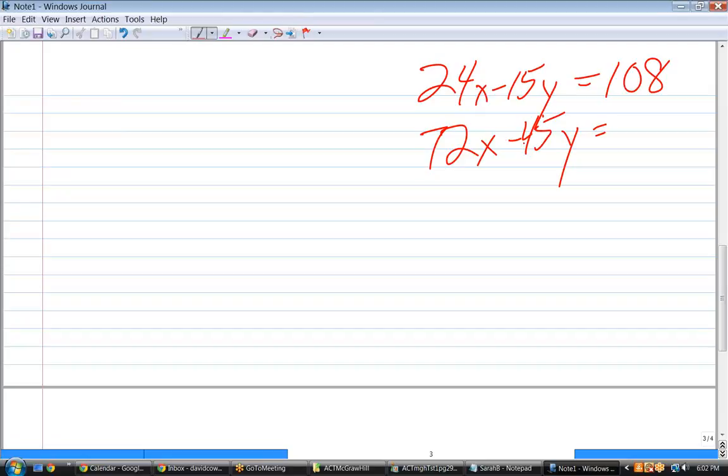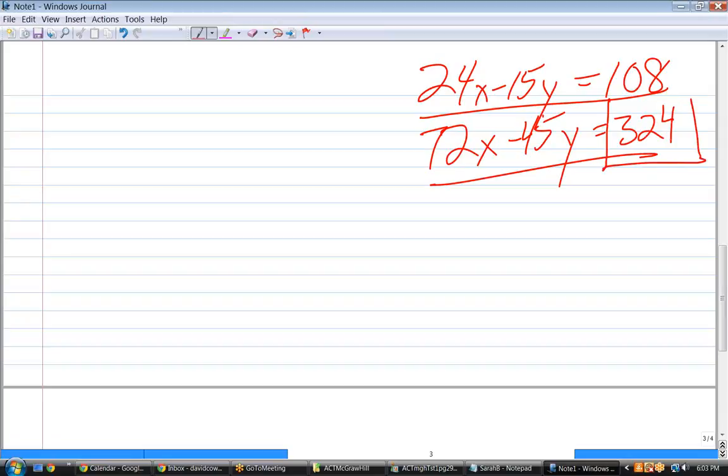So far, every term is triple that. So if I were to triple that, that would be exactly the same equation as that, and I would have an infinite number of solutions. Make this number anything other than 324, and I have a unique solution. I don't have an infinite number of solutions. But if this is precisely 3 times this, then I have their requirement.